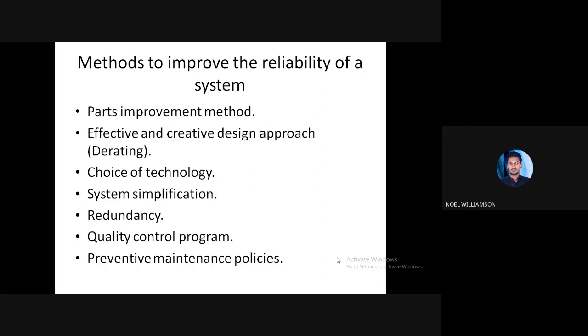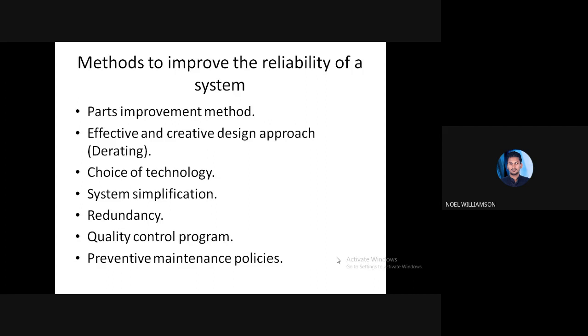And finally, the preventive maintenance policy. Maintenance is of many types, and one among them is preventive maintenance. Preventive maintenance is nothing but, before going to failure, we try to prevent it, so the maintenance is done in a preventive manner.